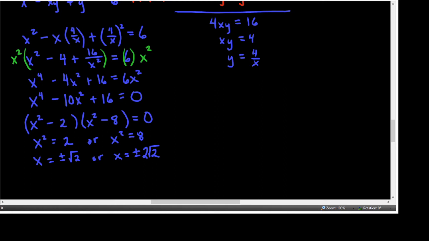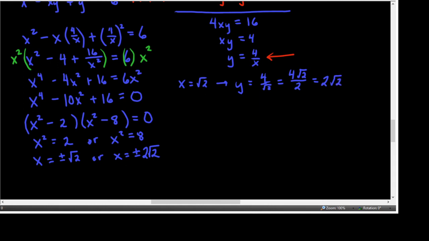So the best equation you can use to go forward from here to find y is this one right here. That has a solution for y if you know x. So when x is the square root of 2, y is 4 over the square root of 2, which is 4 square roots of 2 over 2, which is 2 square roots of 2.